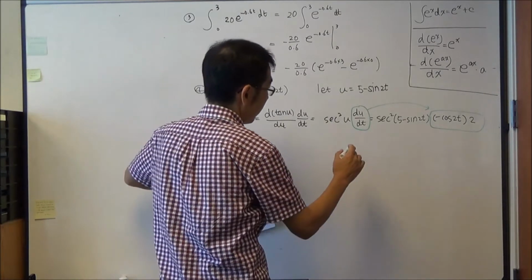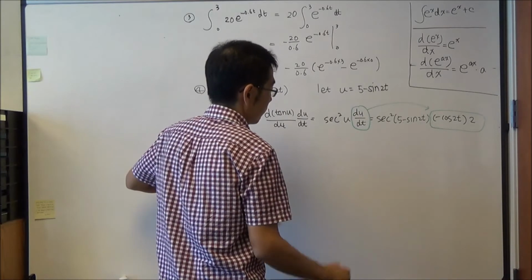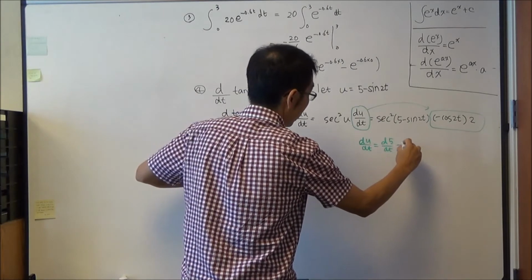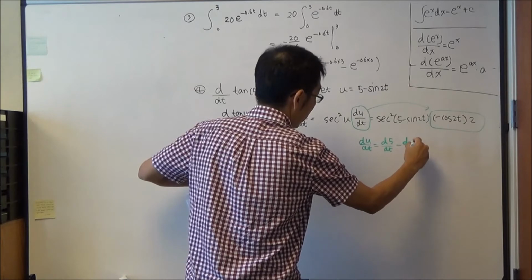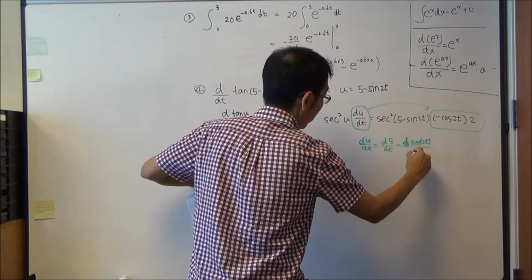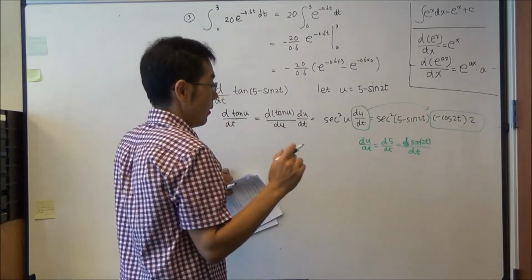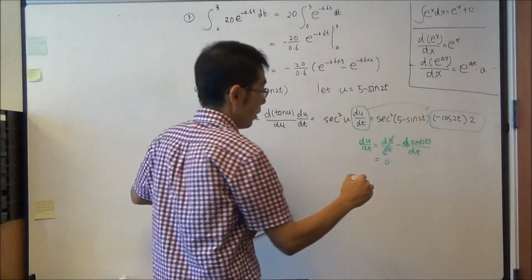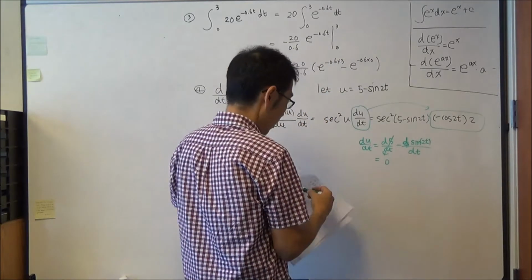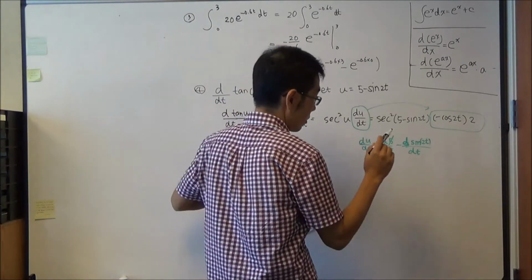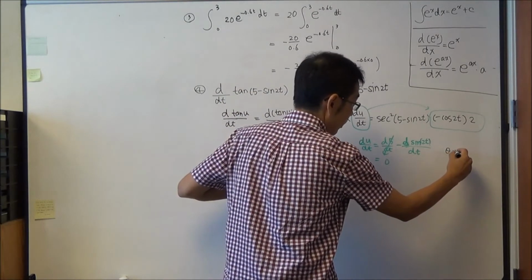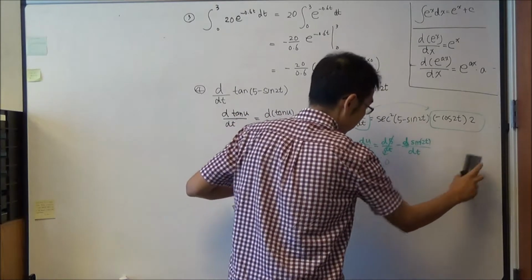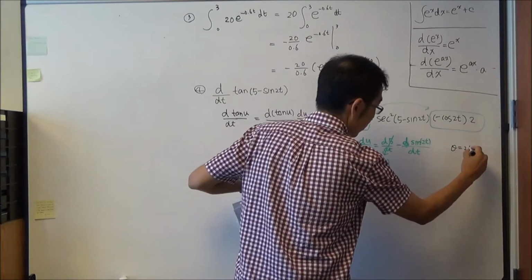So my chain rule is like that. du over dt is equal to d5 over dt minus d sine 2t over dt, right? As you know, this will be 0 because 5 is a constant value. How about this one? Let's say theta is 2t.